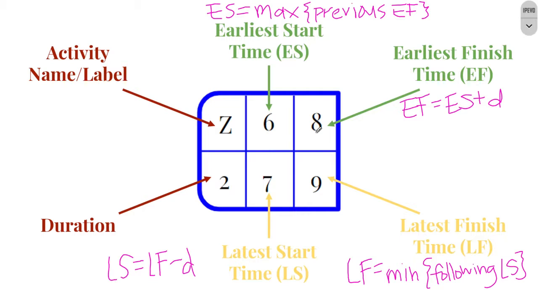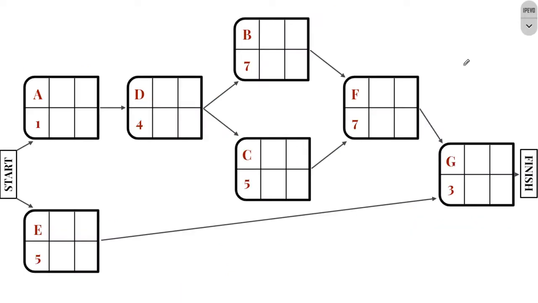So let's see if we can apply this to our previously created diagram. As you can see, this is our diagram from before, right? We've just changed all of our nodes to include the 4 other boxes, so that we can get a little more information. We still have our activity labels, and we still have our duration already in there.